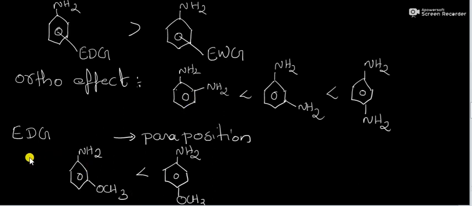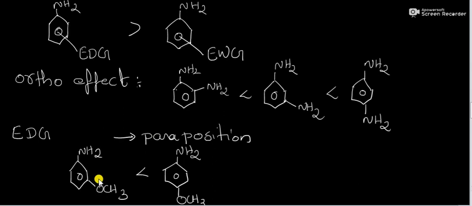Another generalization is the base strengthening effect of an electron donating group takes place at the para substituent, which means if the electron donating substituent is present at para position, its basicity will be more than the meta substituent.